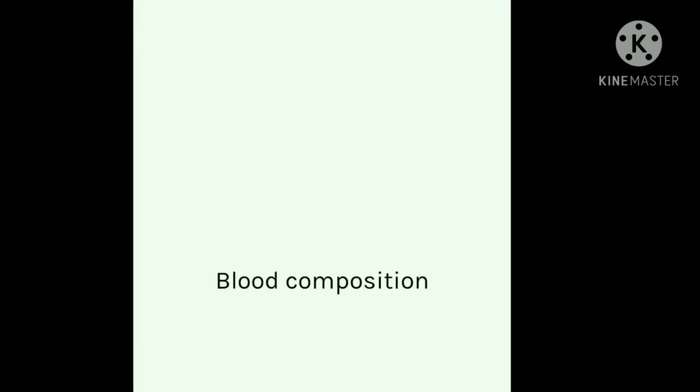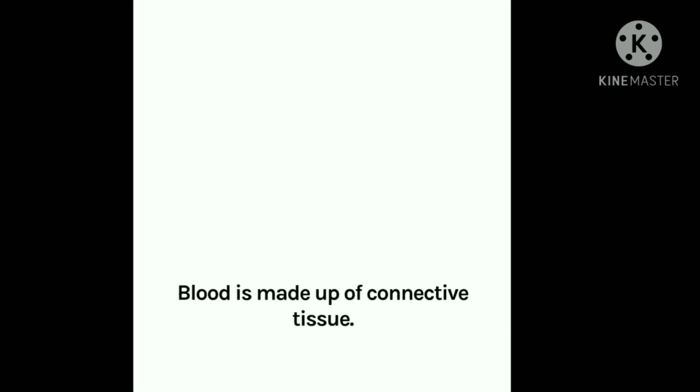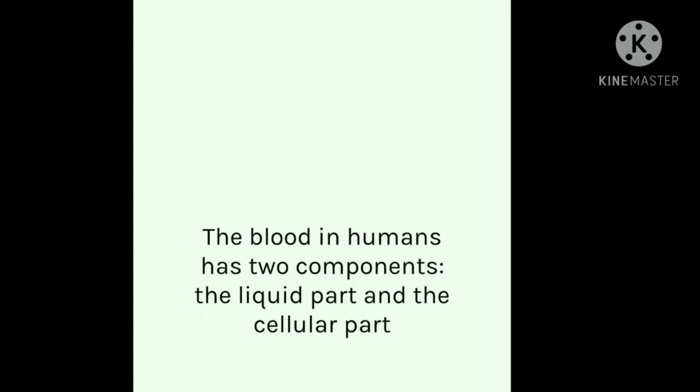So first we will discuss blood composition. As you are aware, almost all cells in a human body are connected by the fluid called blood. Blood is a connective tissue. The blood in humans has two components, the liquid part and the cellular part.